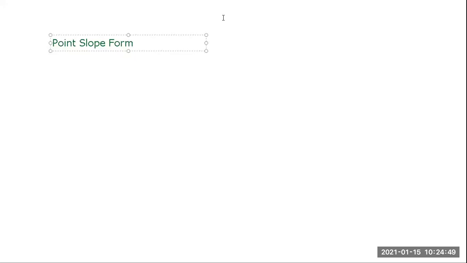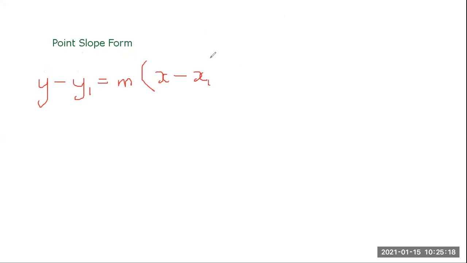The first one we're going to look at is the point slope form, okay? I'm going to do this by doing some examples. When we talk about the point slope form, we talk about y minus y1 is equal to m times x minus x1.